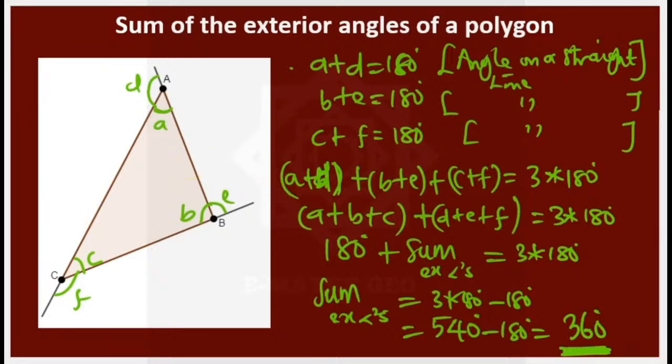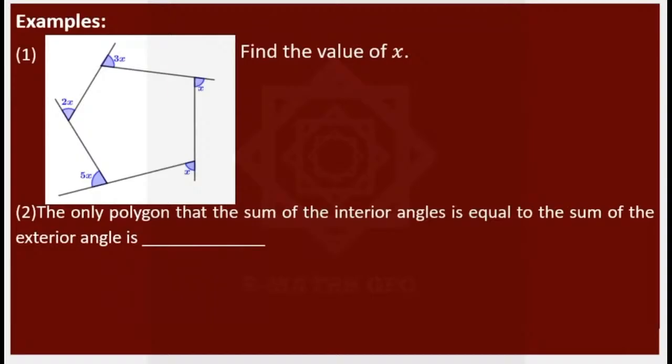So let's answer these questions first. Look at this. We are given the exterior angles and asked to find the value of x. Without wasting time, we have 1, 2, 3, 4, 5 sides. We've gotten that the sum of the exterior angles of a polygon is 360.